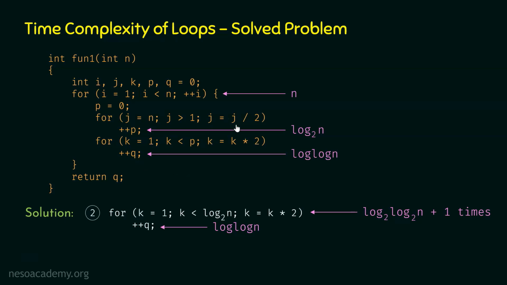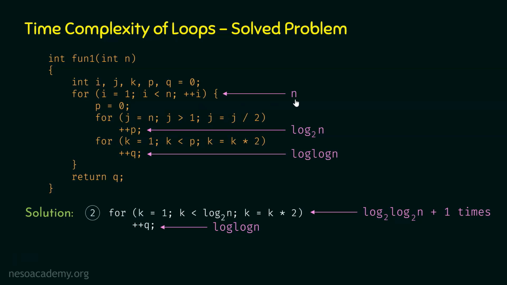I'm assuming the nth iteration is the last iteration of this for loop. In place of assuming n-1, I'm assuming n here for the sake of simplification. And as we are interested in the approximate value, we do not have to worry about the constants. So I'm assuming there are n iterations of this for loop.